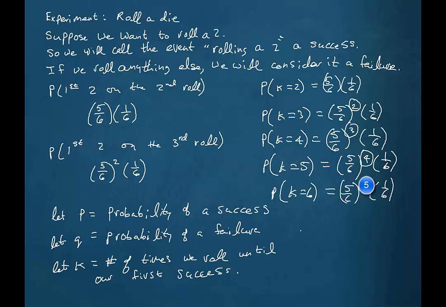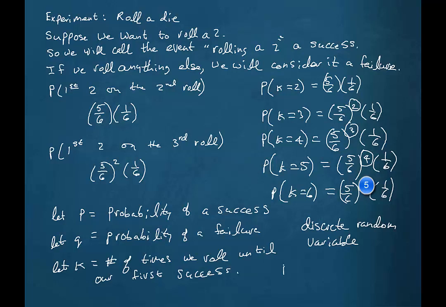Now remember that we used X as our variable whenever we were talking about random variables. And again, this is an example of a discrete random variable. It can only take on counting numbers.